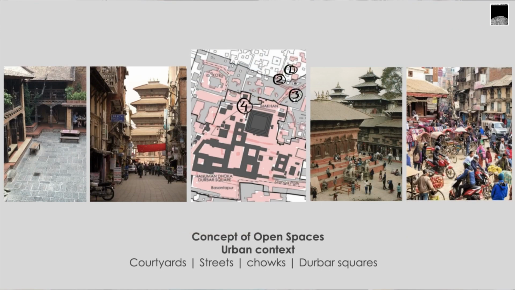Urban context. The hierarchy of the urban context starts with courtyards at residential level, semi-open spaces shared by immediate neighbors, to the streets as shared spaces at community level. The chowks, open spaces with shading trees or building structures at a node of one or more streets, are the community level spaces.